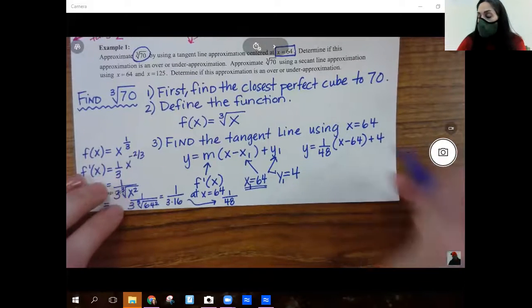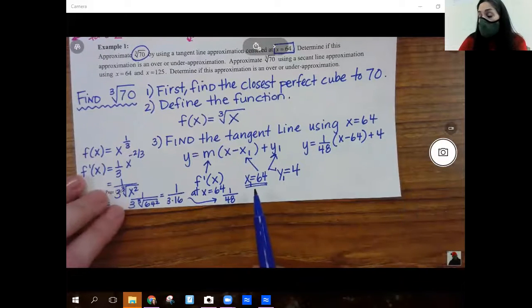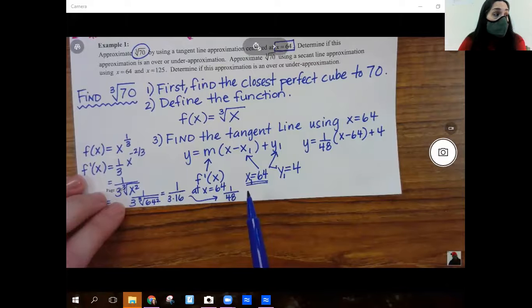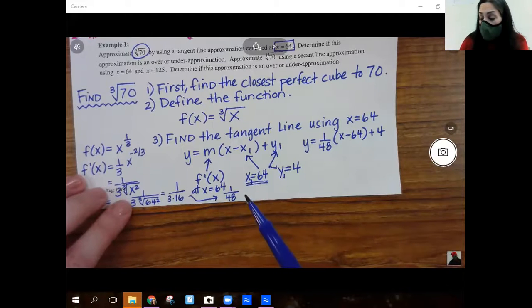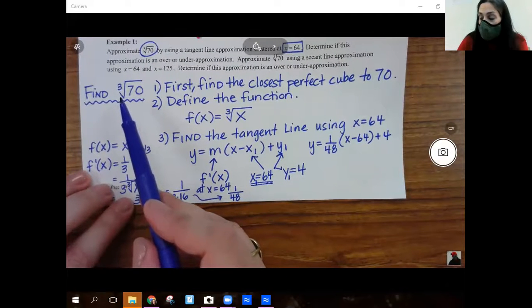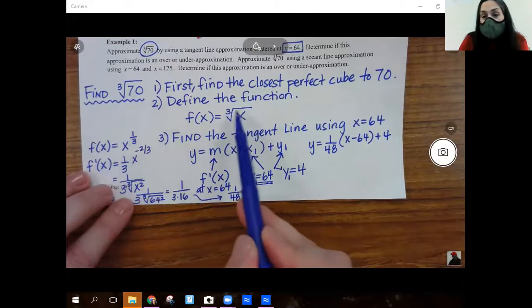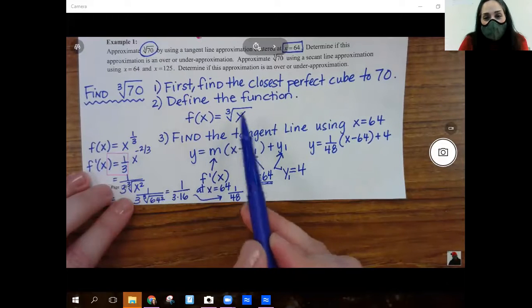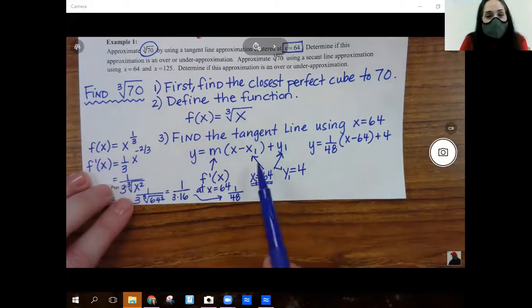Okay? Once again, the reason we used 64 was because it was the closest perfect cube to the value that we're actually looking for. I have to be able to put something in here that I know will work out to be a whole number to help me with the tangent line. And the closer, the better.